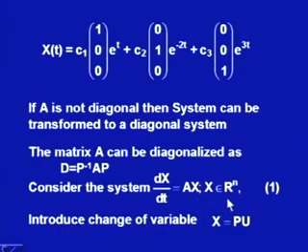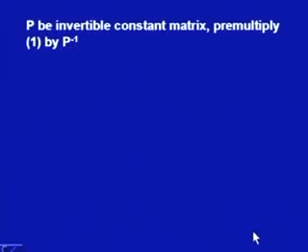So, if this is the system given to us, then we can change the variable x to Pu. So, u is a new variable and we write x as Pu. With this transformation, P being an invertible constant matrix, we can pre-multiply the given equation by P inverse.